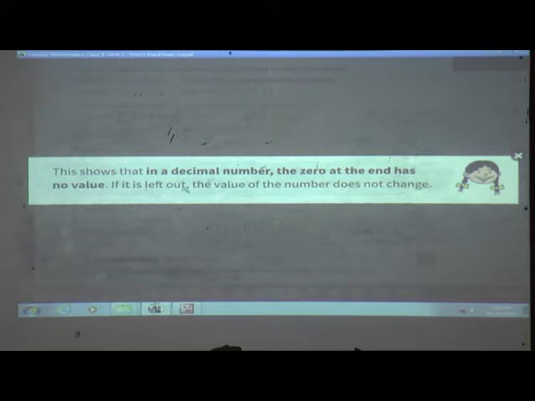If they are left out, the value of the number does not change. If we remove any zero after the decimal number at the end, or if we add one, the value does not change. Clear till here? Yes?